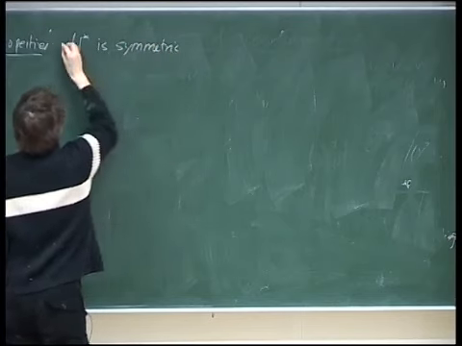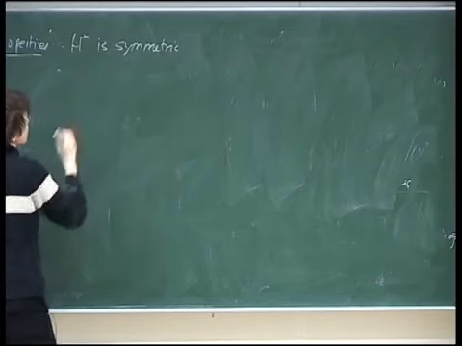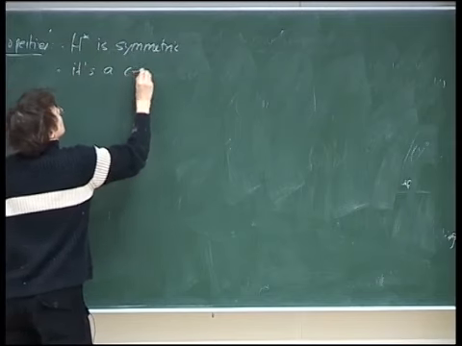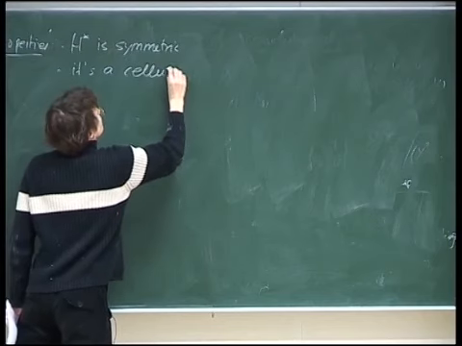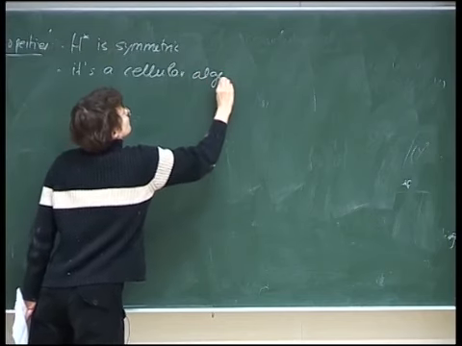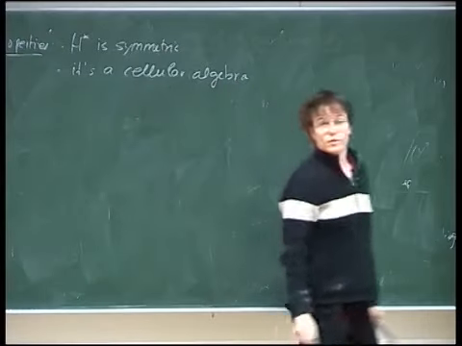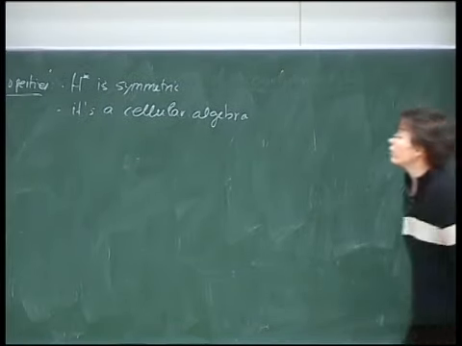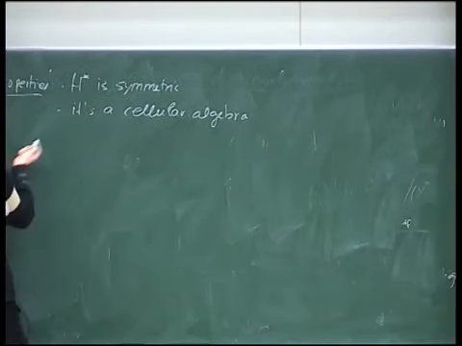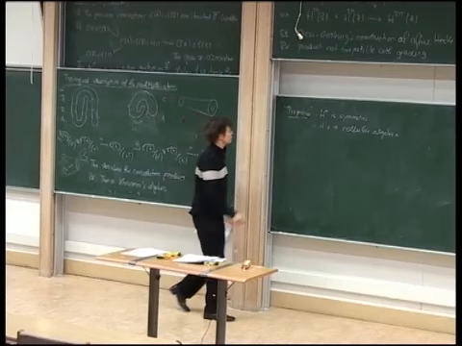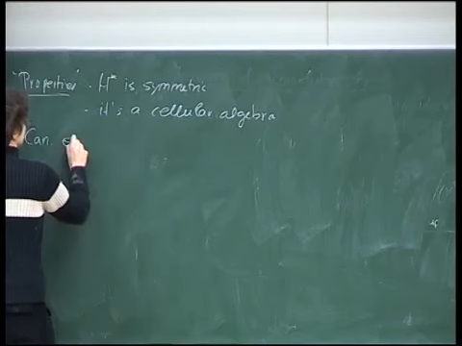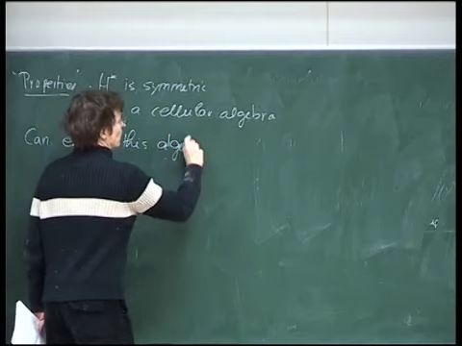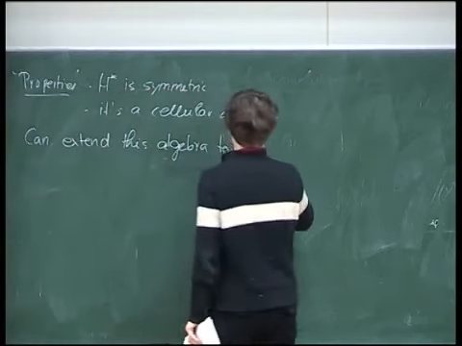That's easy to prove. And it has infinite global dimension, and it's a cellular algebra in the sense of Graham and Lehrer. So everything can be described combinatorially. But what we want is, for instance, a quasi-hereditary algebra. So what we can do is extend this algebra to a quasi-hereditary one.